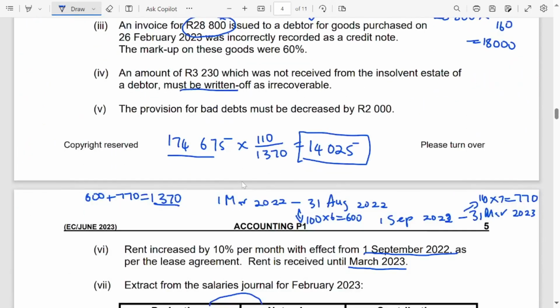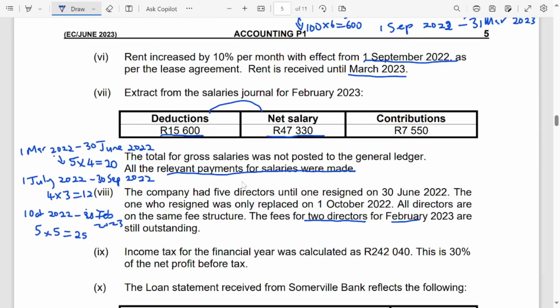So in this 25, we must subtract the 2 of the directors. It means that in total, it is going to be 23. It's supposed to be 25, but then 2 fees for February for directors were not paid, so we must subtract them. So this means that the total months that these directors got paid is going to be 20 plus 12 plus 23. That is going to be 55.